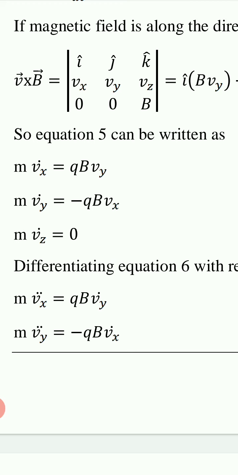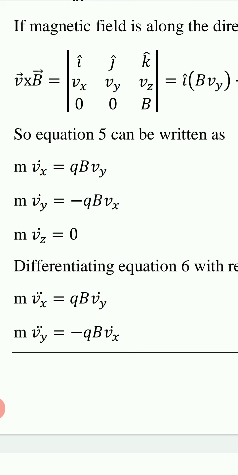In the second row we write the components of the first vector, that is v vector, which are vx, vy, vz. In the third row we write the components of b vector, which are 0, 0, b, because b vector is b k cap.